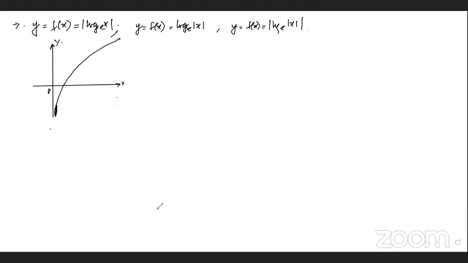लेकिन अब हमें mod of log x की बात करनी है। mod of log x की बात अगर हम करेंगे तो ये पोर्शन जो है ना, ये रिफ्लेक्ट होके ऊपर की तरफ आएगा। दैट मीन इट विल कम लाइक दिस and it will go like this। बात समझ आ रही है?